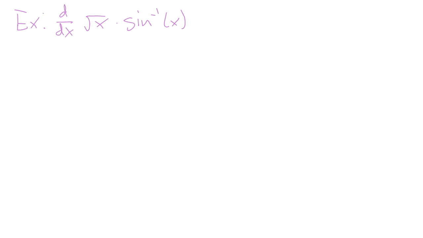So for this, we actually can go ahead and split this up into two functions to use our product rule. If we derive that square root of x, since the power is initially to the 1/2, it's going to be x to the negative 1/2, and that 1/2 is out in front, times our inverse sine of x.